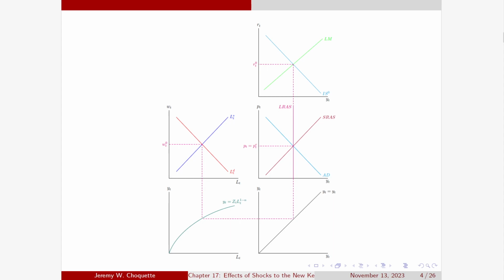So first things first, this is going to be the equilibrium in the new Keynesian model. So with the real business cycle model, I gave you the 4 graphs. This time I'm giving you the 5th graph. So I figured you got the chance to learn about the 4-graph system, learn what the mechanics were there, and I can add an additional graph here.